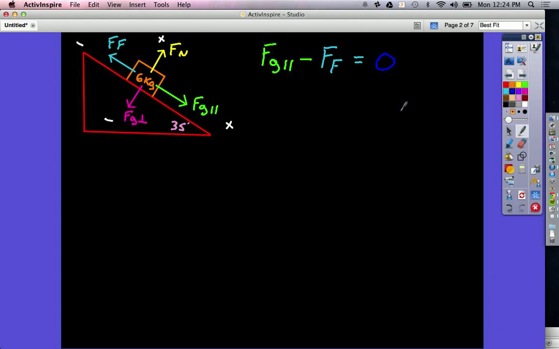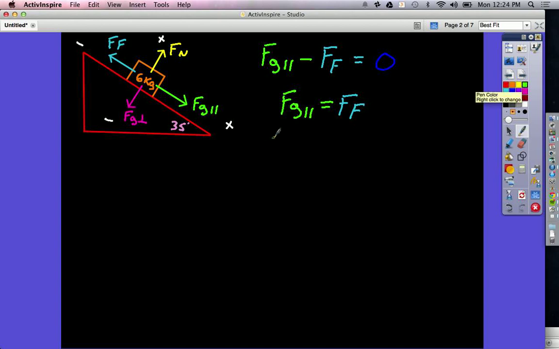From here, I can solve for force of friction with a little bit of algebra, and I get that the force of gravity parallel has to equal my force of friction. The forces are balanced. And I have an equation for force of gravity parallel.